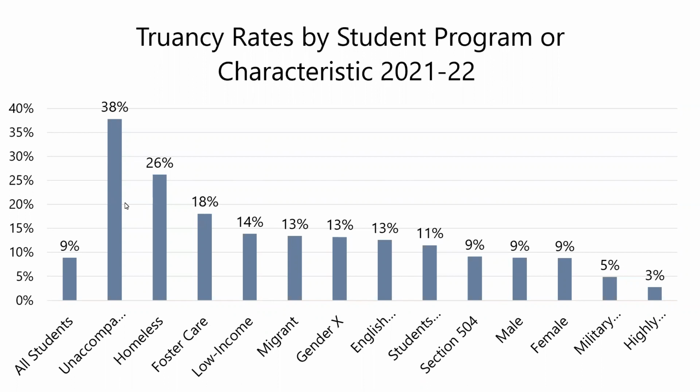And then our students experiencing homelessness, students in foster care, students from economically disadvantaged households, migrant students, students identifying as gender X, English language learners, and then the 11% is students with disabilities, Section 504, and then down to the very last one, the 3% is highly capable. Next slide.